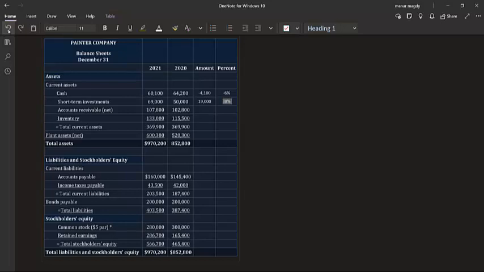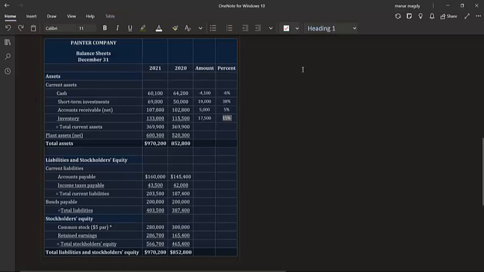The net accounts receivable in 2020 was 102,800, and then it increased to 107, so it increased by 5,000, and this amount of change represents a 5% increase from the 102,800. And then the inventory was 115,500, and it increased to 133,000, so it increased by 17,500, and this amount represents 15% of the 115,500.